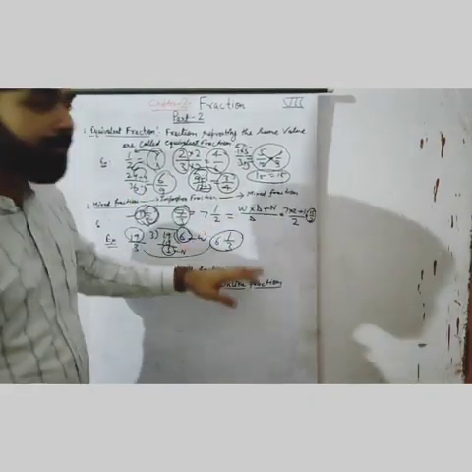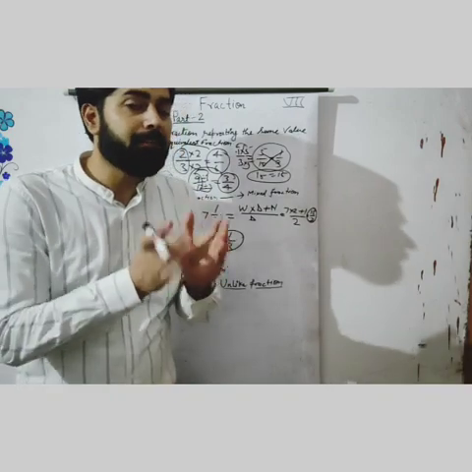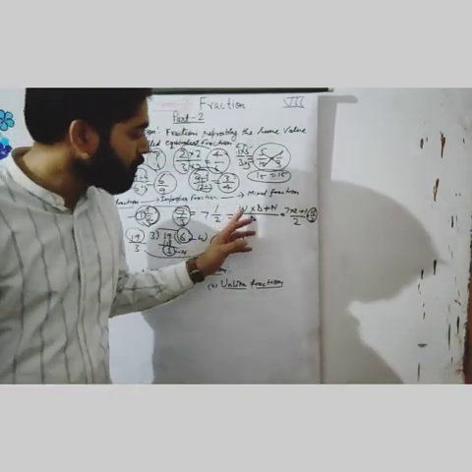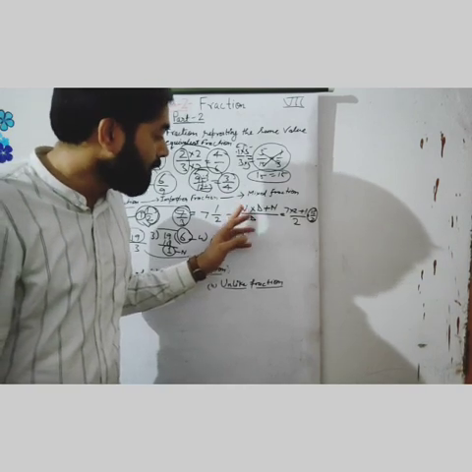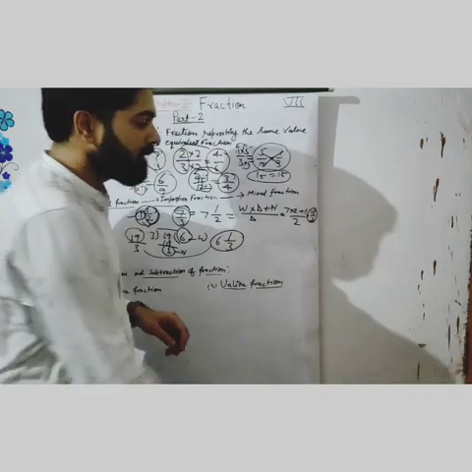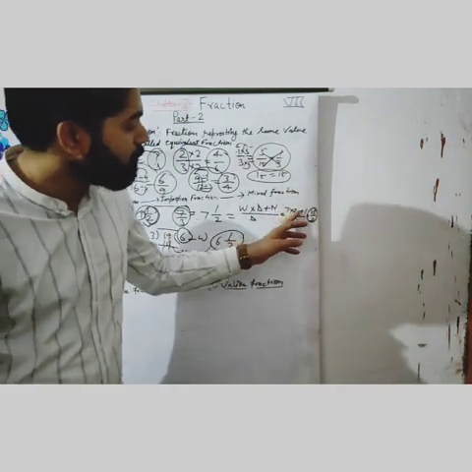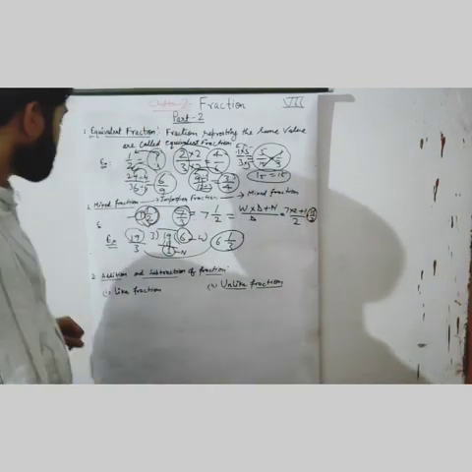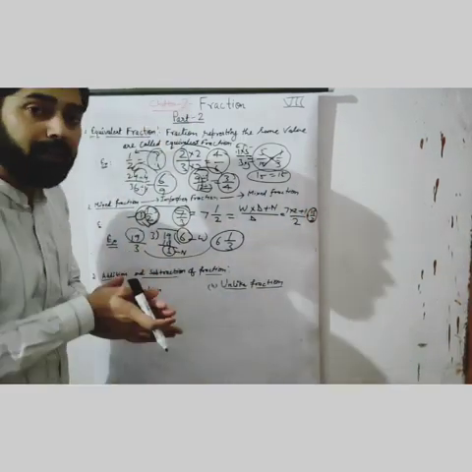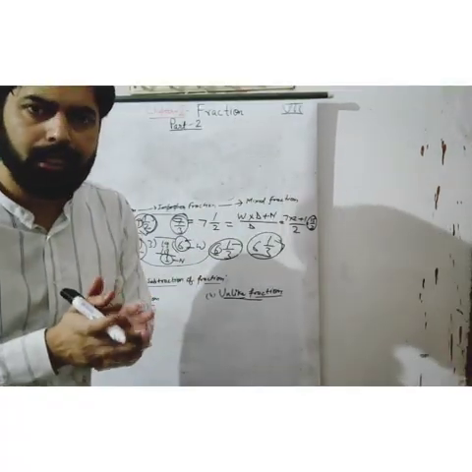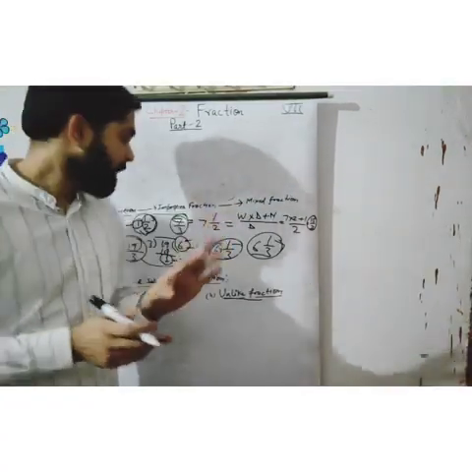So this is the rule by which we can convert any mixed fraction into an improper fraction: whole number multiplied by denominator plus numerator, upon the denominator. 7 twos are 14 plus 1, 15 upon 2. And how can we convert any improper fraction into a mixed fraction? By the division method. Division method means numerator divided by denominator.